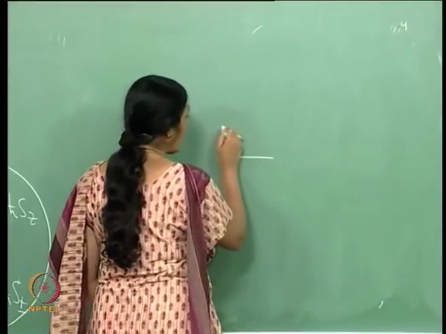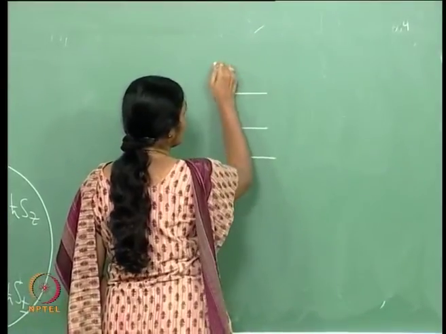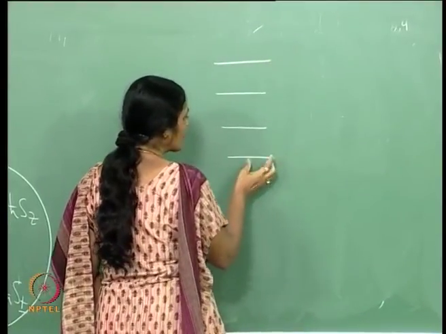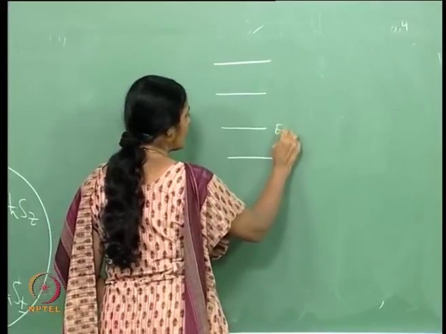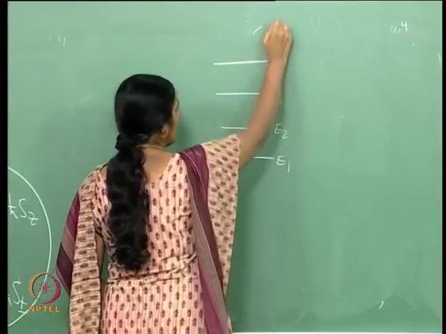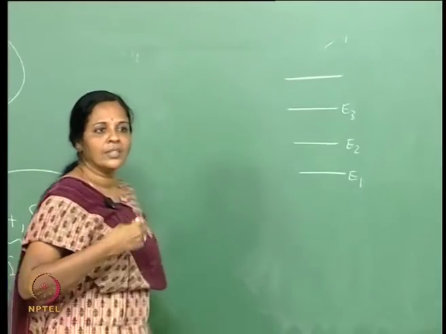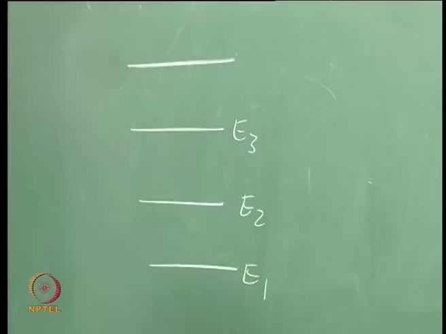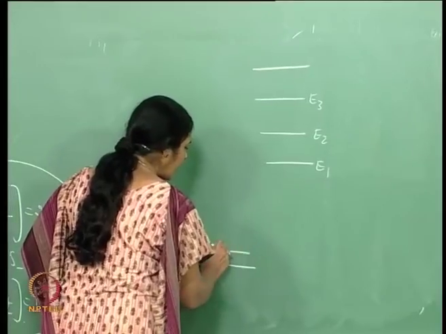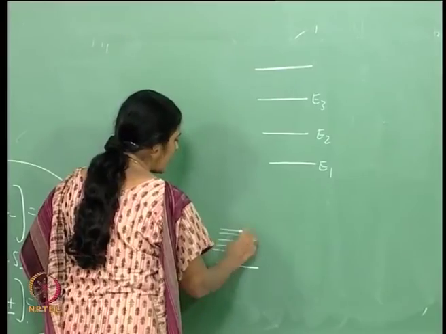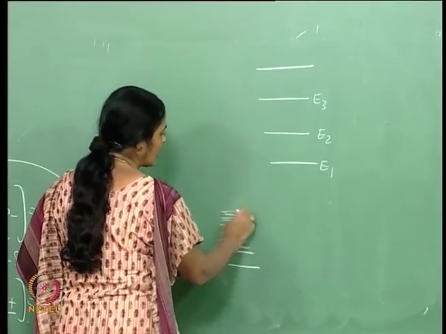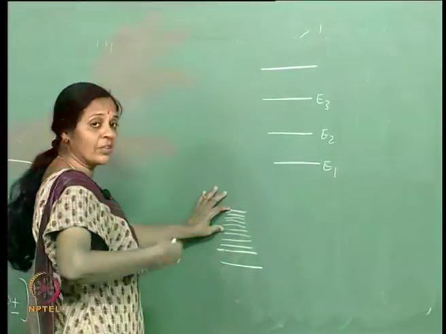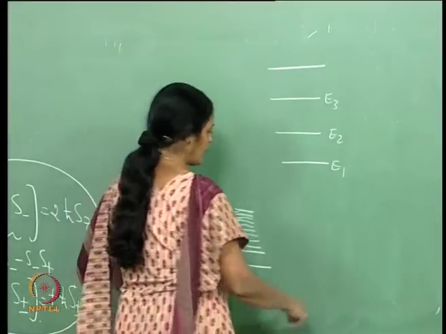So, not all energy values are allowed, but energy values say E1, E2, E3, E4 and so on are the allowed energy values for a given quantum system. In the case of the hydrogen atom, these values are unequally spaced, and as you go to higher and higher energy levels, they are so close they look like they are almost continuous.